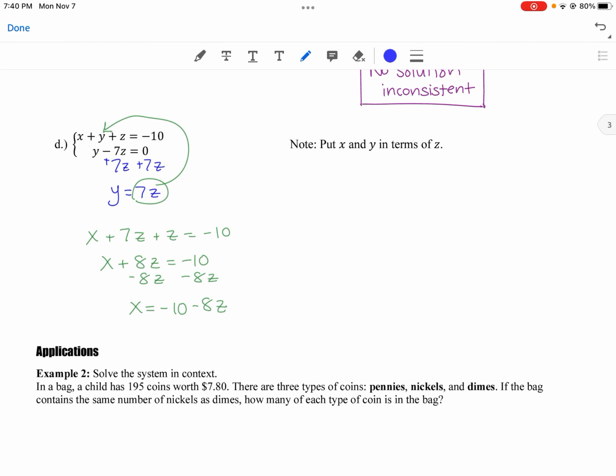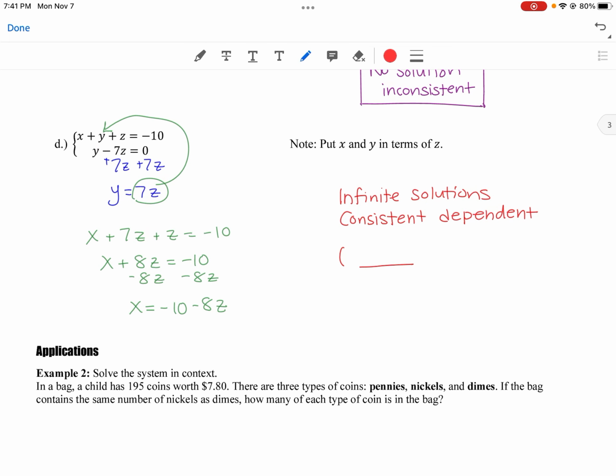So this is a system that does have infinite solutions, which means it's a consistent and dependent system. And even though it says infinite solutions, it does not say any point works. In the way that these are arranged, think about this as x, y, and then z.